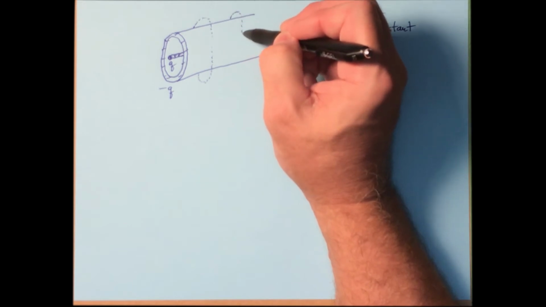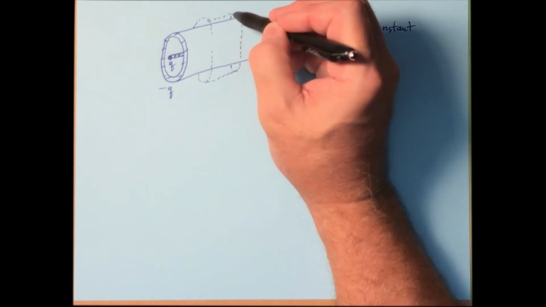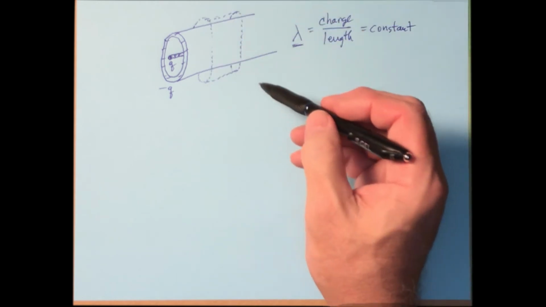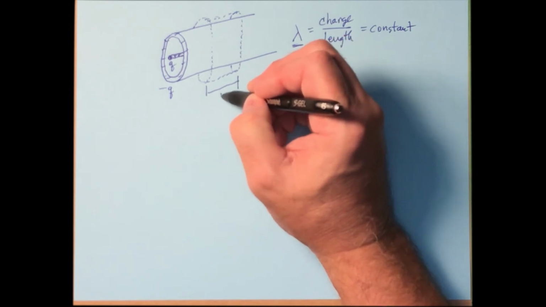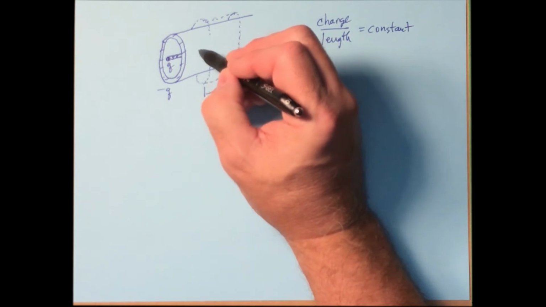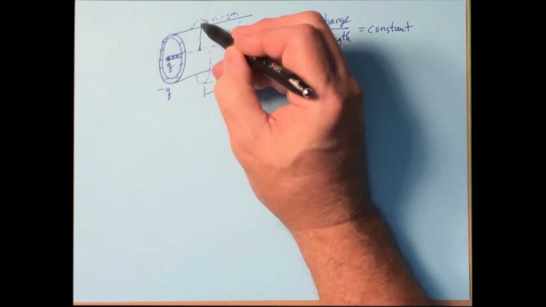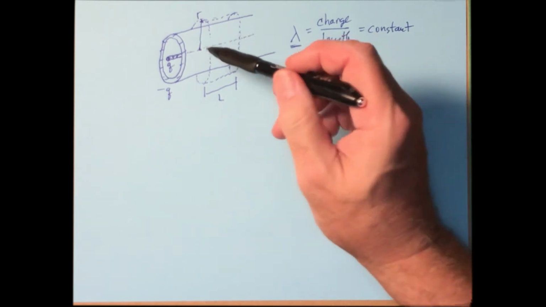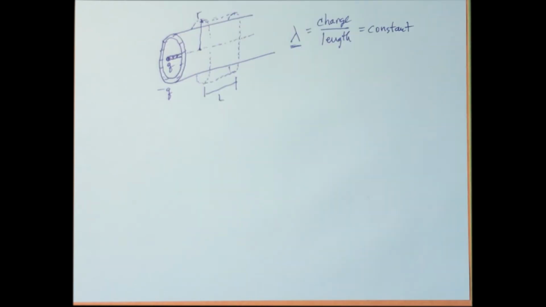Let's say we draw our Gaussian surface, and this is it right here. It's a cylinder surrounding that, and it's supposed to be a circular right cylinder. Let's say we know the length of this. We can say that length is L. From the center out to here, we're just going to call that variable r, and it applies for any distance from the edge here all the way to the outside.